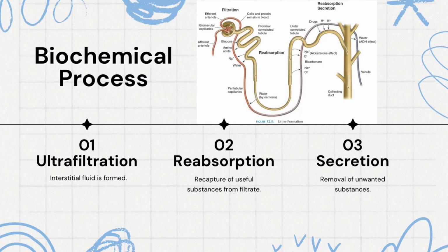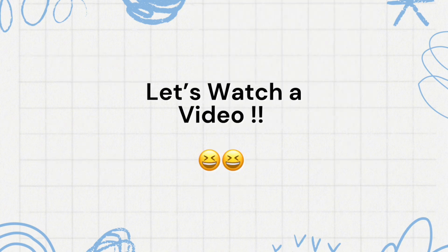Reabsorption is the recapture of useful substances from the filtrate in the renal tubule to the interstitial fluid, then back into the blood capillaries. Secretion is the removal of unwanted substances from blood capillaries, interstitial fluid, then into the renal tubule. Let's look at a video to understand more about urine formation.